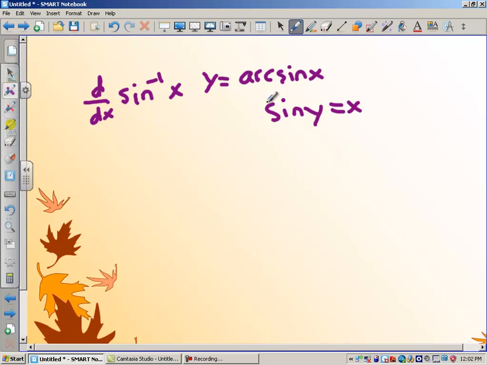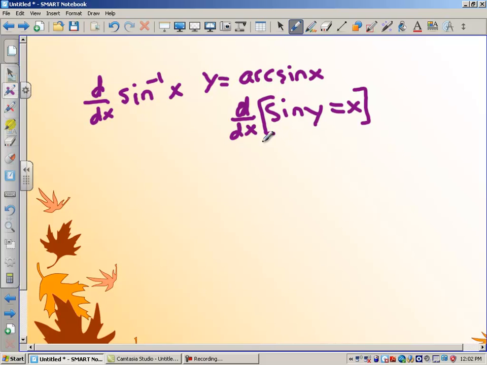The reason I'm going to convert it into this statement is because we can take the derivative of sine of anything. So I've converted it into this form, and I'm going to take the derivative of both sides. So let's do that real quick. What is the derivative of sine of anything?